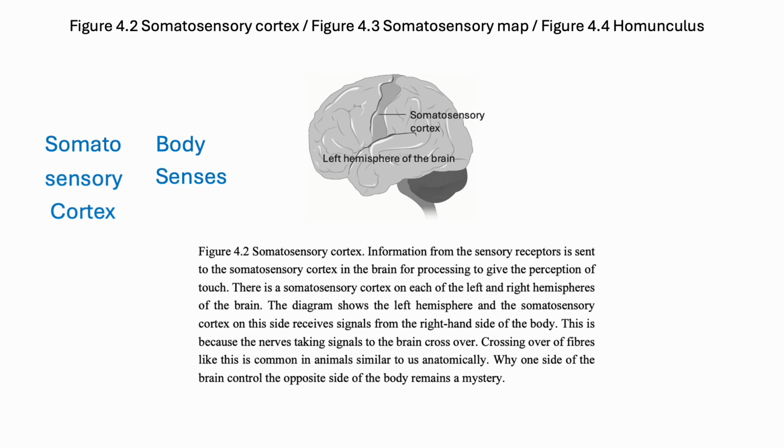Sensory is obviously related to the senses. And cortex is used in anatomy frequently, and it describes the outer layer of a structure. In this case, the brain. The word cortex comes from the Latin word for bark, like the bark of a tree.